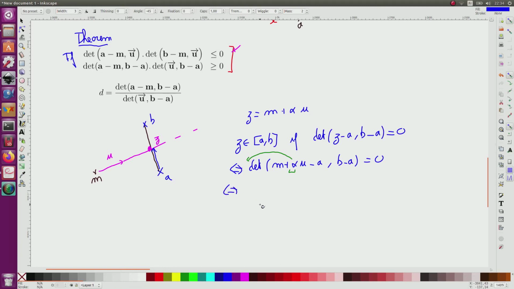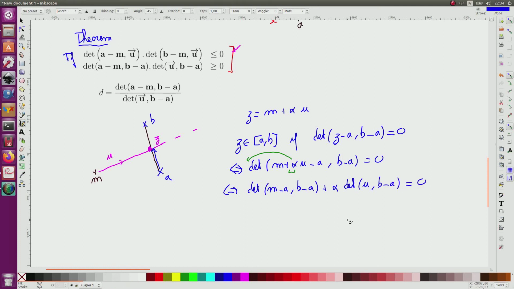Here I will have the determinant of (m minus a), (b minus a), plus alpha times the determinant of u, b minus a, and this should be equal to 0.